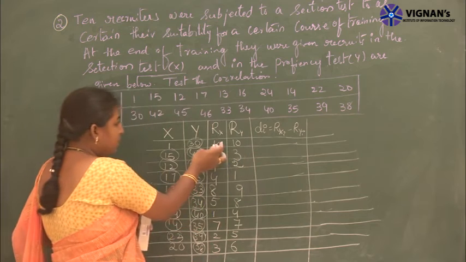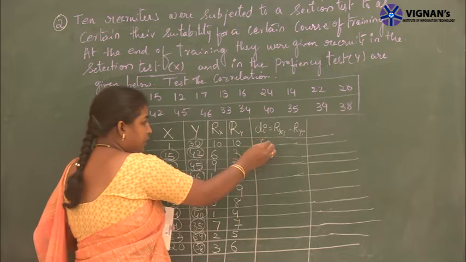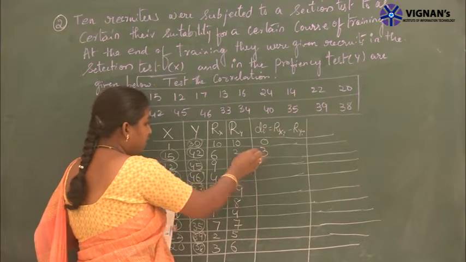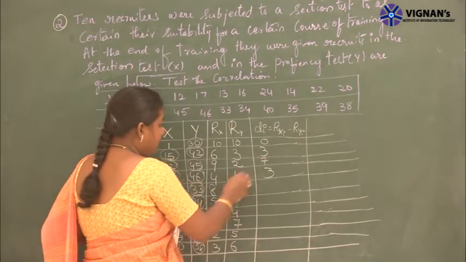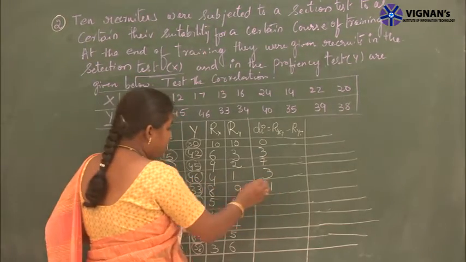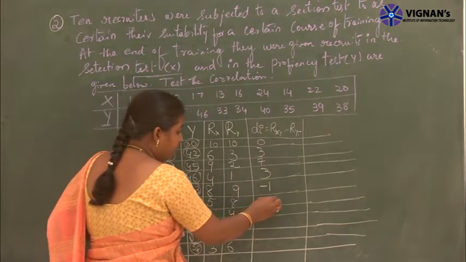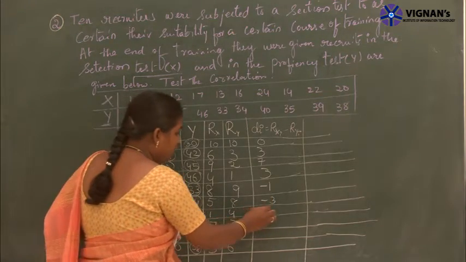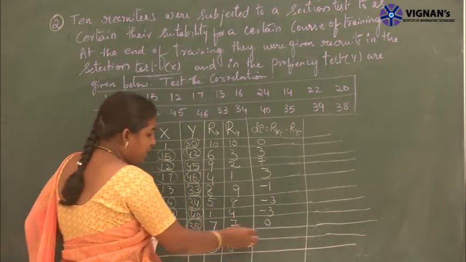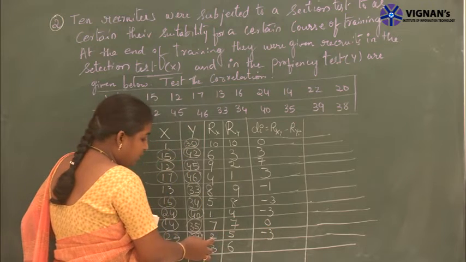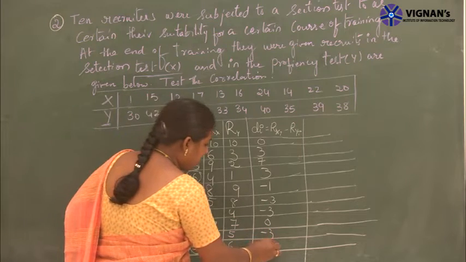So that is 10 minus 10, 0. 6 minus 3, 3. 9 minus 2, 7. 4 minus 1, 3. 8 minus 9, minus 1. 5 minus 8, minus 3. 1 minus 4, minus 3. 7 minus 7, 0. 2 minus 5, minus 3. 3 minus 6 is minus 3.